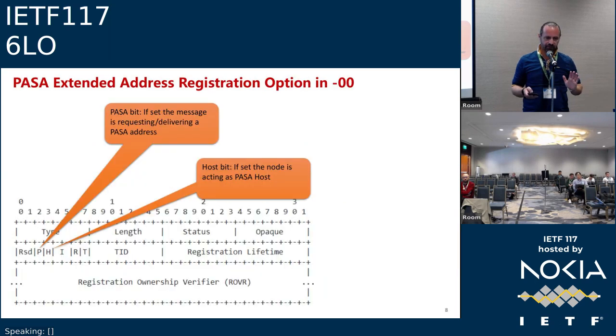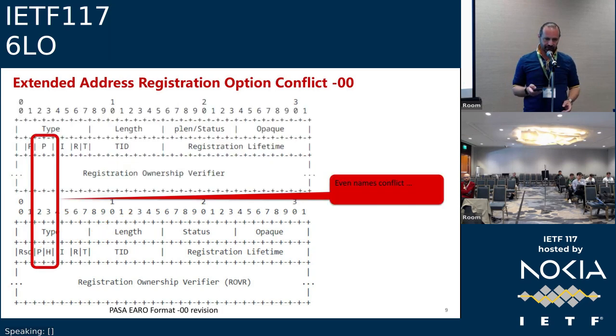In the PASA document, what we had in the 00 version is this. We used 2 bits, one to indicate the PASA functionality, and the other to indicate whether or not the node is a host or a router. So that the allocation is different. Now as you see here, there is a conflict in the bits.